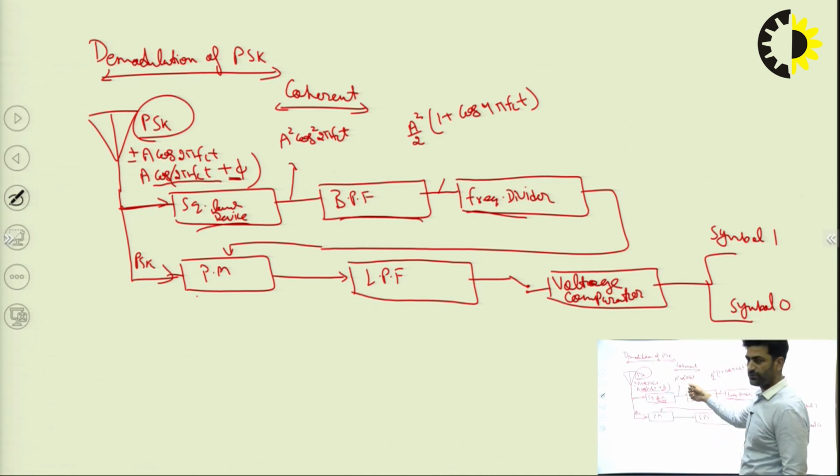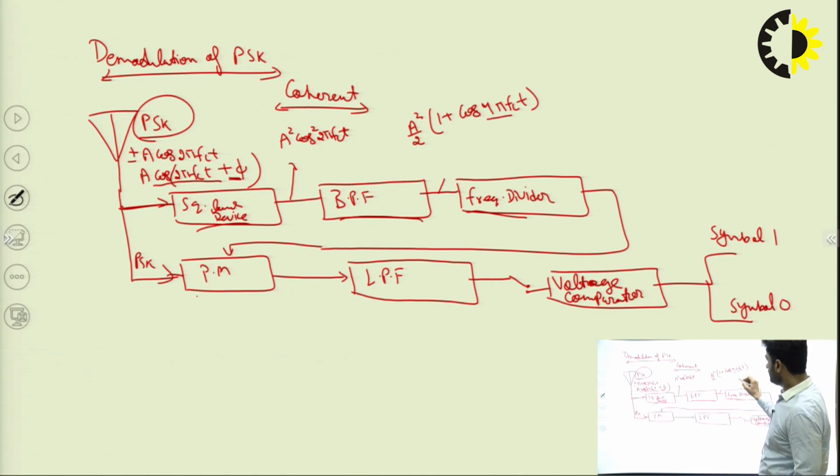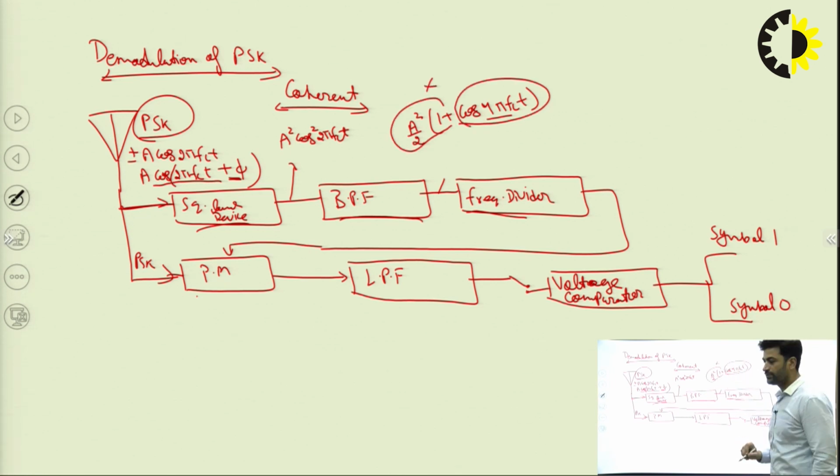We are expanding the formula for cos square theta, that is 1 by 2 times 1 plus cos 2 theta, so it will give you 4 pi FCT. After passing this band pass filter, we will get only this term. The low frequency component will be nullified. The frequency divider divides by 2, so it will give you cos 2 pi FCT.